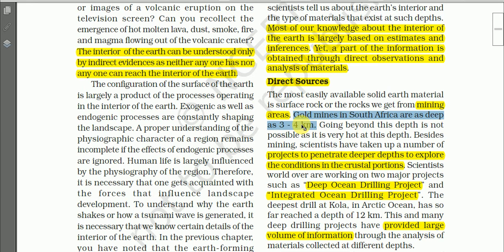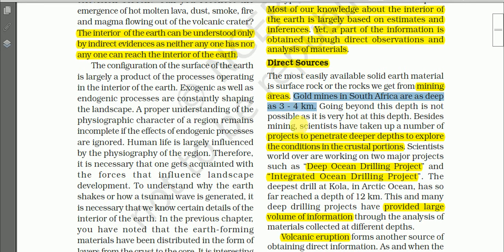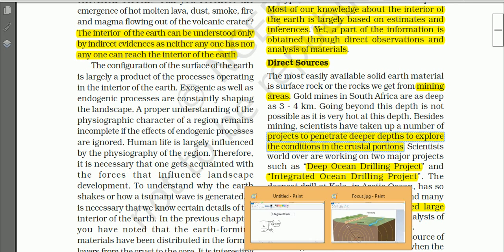Another important direct source of information is projects, projects to penetrate deeper depths to explore the conditions in the crustal portions. Some geologists of the world are trying to get information about the Earth interior by drilling into it, not for mining.